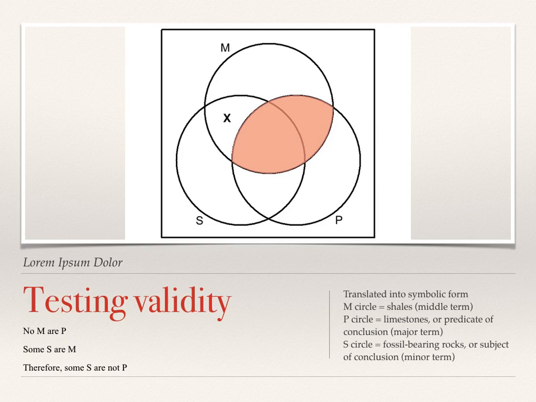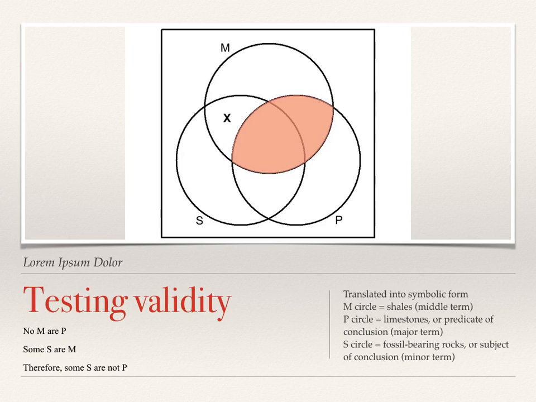The subject of the conclusion is fossil-bearing rocks, so S would be fossil-bearing rocks, P is the predicate of the conclusion, limestones, and M, the middle term, is going to be shales.